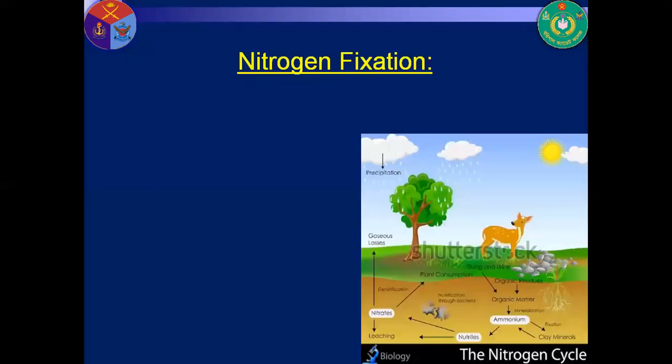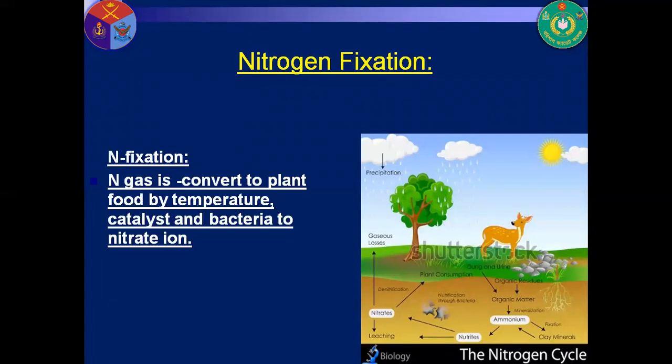First topic of this lecture today, nitrogen fixation. Nitrogen fixation is the process to convert nitrogen gas to plant food. Here, 78% nitrogen gas is present in nature, and there are several processes to convert it to compound ions for plants. These ions and compounds are absorbed by the root of the plant.